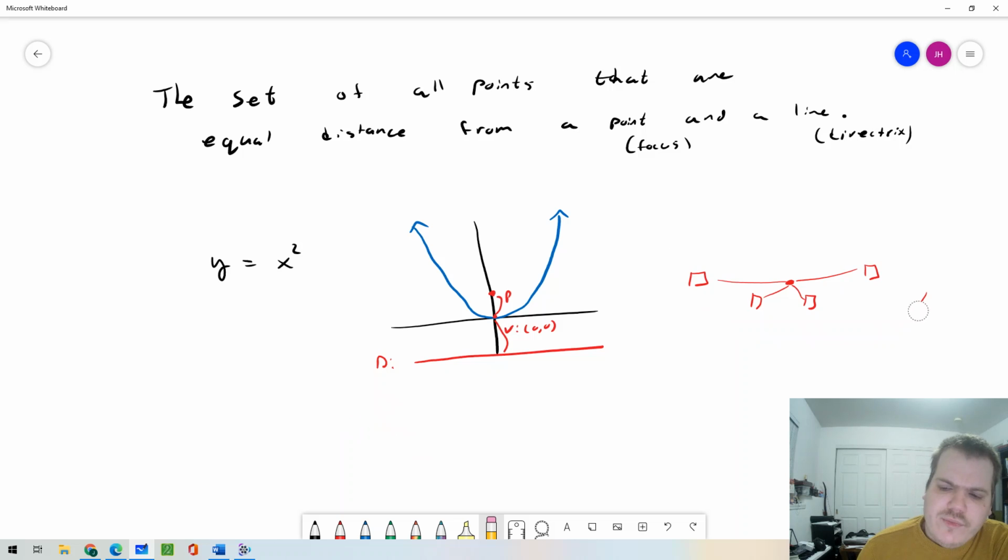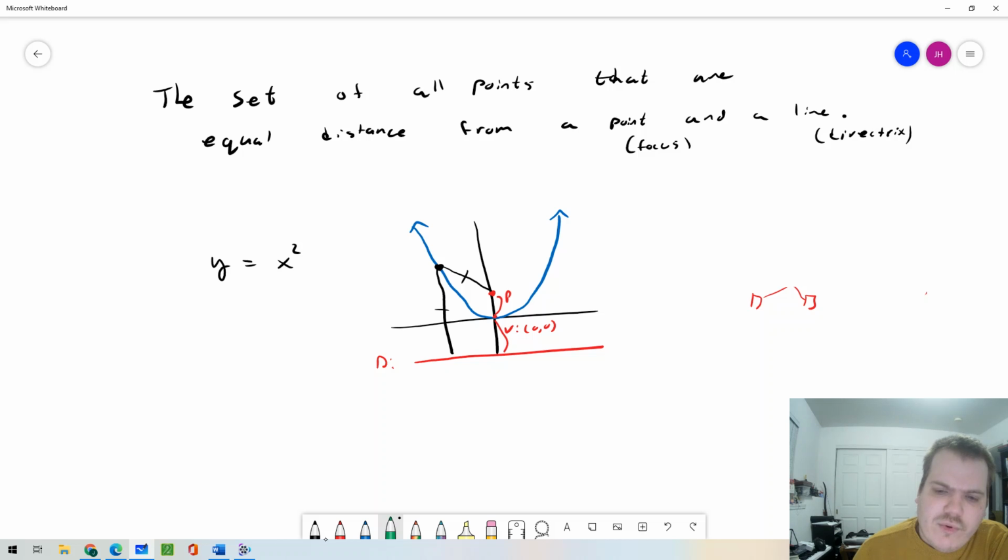If I grab any arbitrary point on that parabola, let's say this point right here, it means the distance from here to the focus is going to be the same as from here to the directrix. Now, to me, it looks like I drew this line longer. That means my parabola is not a perfect shape. So maybe I need to move my focus up a little bit, or maybe I need to change the width of my parabola. It's because I don't have a perfect drawing here. But we would say that this distance is the same as this distance.